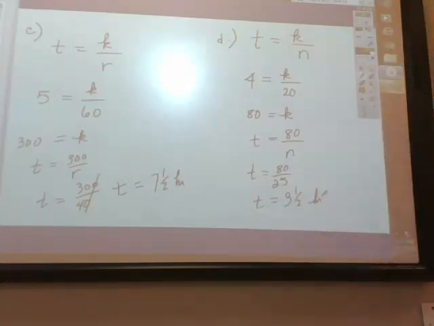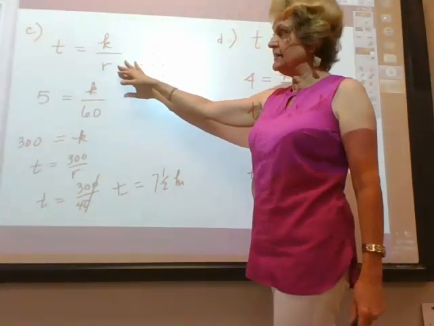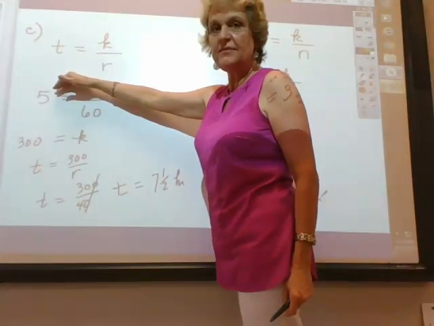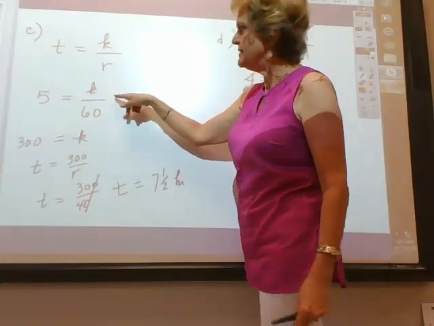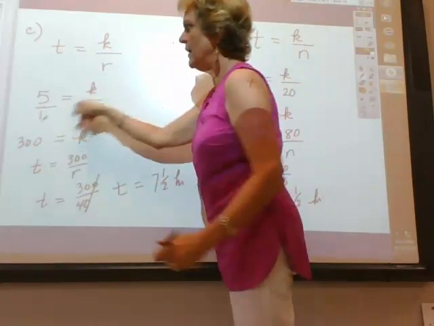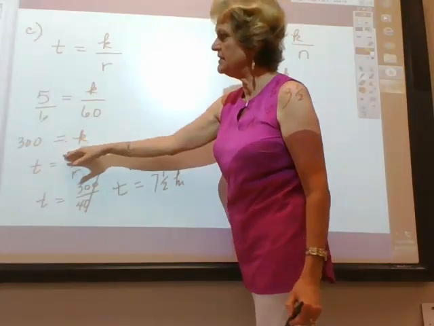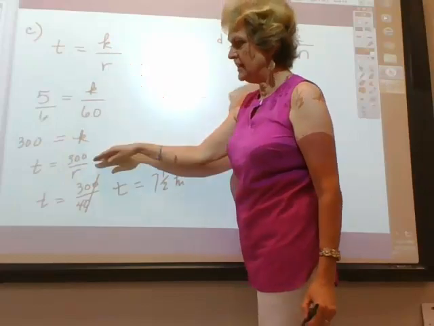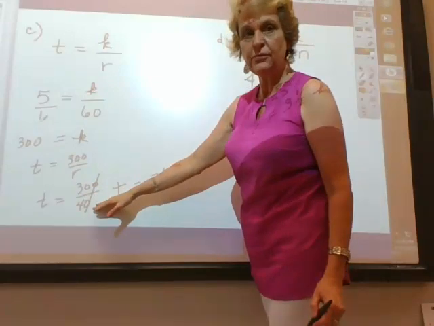All right, so C, time varies inversely as the rate. So it took 5 hours at 60 miles per hour, or kilometers, I don't know. So 1k is 300. So I plugged the constant into the equation, and it wanted me to see how much time for going at a rate of 40.